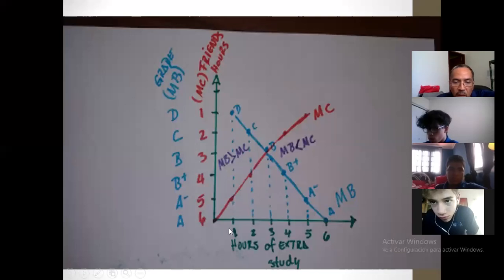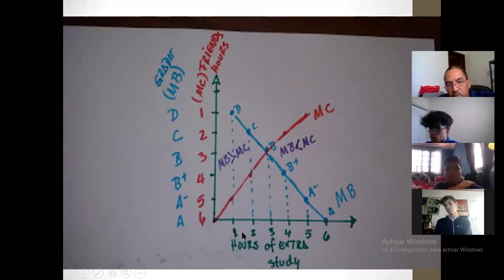Now over here are the hours, extra hours: 1, 2, 3, 4. Some of you did it like this, but you were missing something. In this line, they call it axis, you have to mix both in order to get the lines or the curve that represent the marginal cost and the marginal benefits.